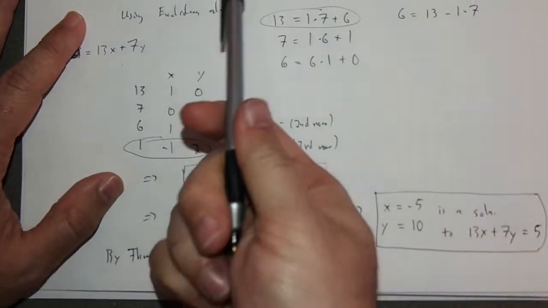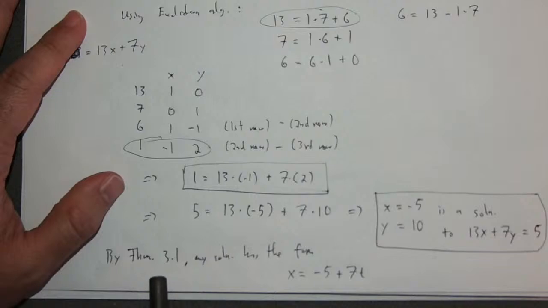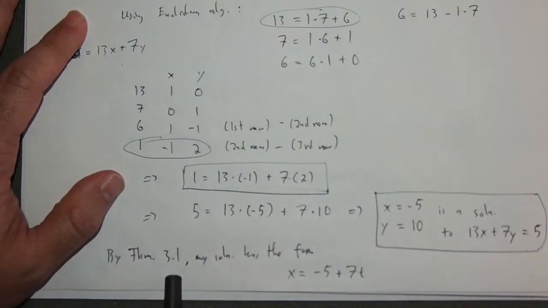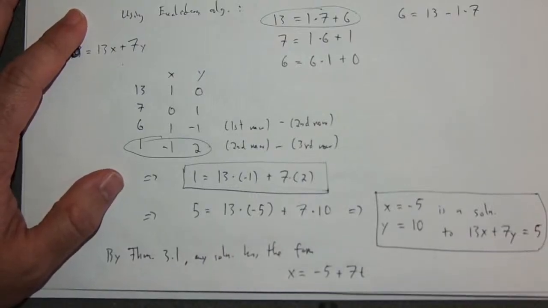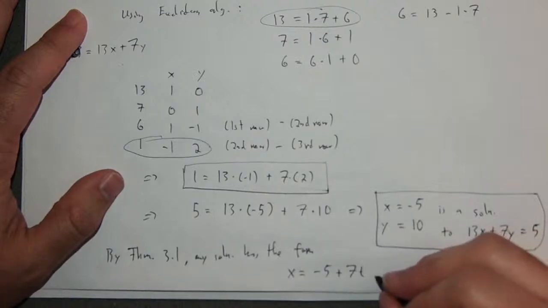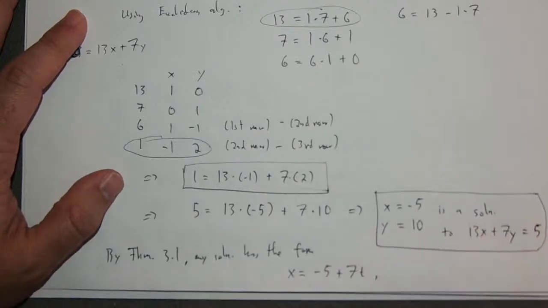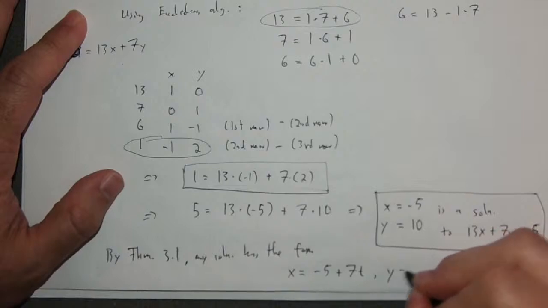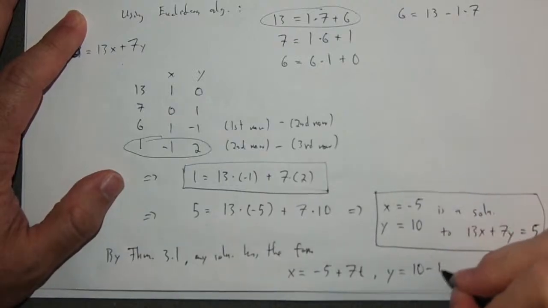Right? Again, we're in the case where the GCD is 1, so rather than just theorem 3.1, also the corollary that followed says that we can write this in an even simpler way, but of course it's the same thing because the GCD is 1, and y is 10 minus 13t.